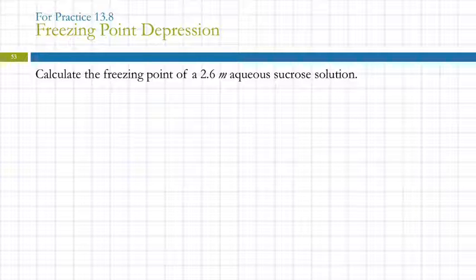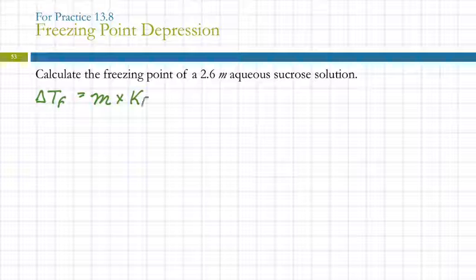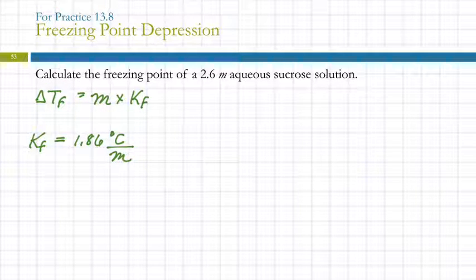So, calculate the freezing point of a 2.6 molal aqueous sucrose solution. The equation is that the change in the freezing point equals the molality times the freezing point depression constant. The freezing point depression constant for water, I looked it up on the previous slide, is 1.86 degrees Celsius per molal.